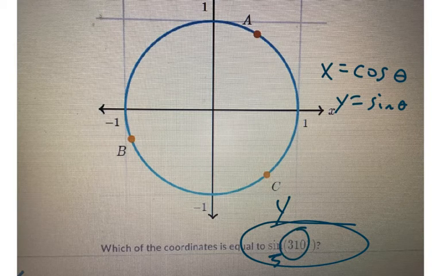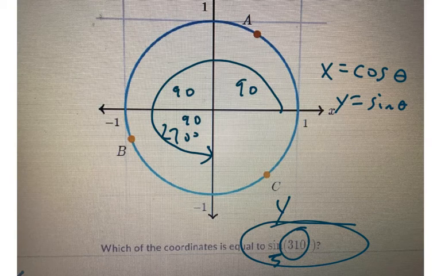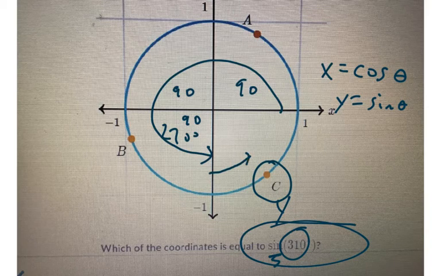Now, where is 310? Well, we just discussed in the last problem that if I go from here all the way to there, that's 270 degrees, right? Because that's 90, 90, and another 90, which is 270. So point C right here, notice, is a little bit further, and therefore, that's why that one is 310.